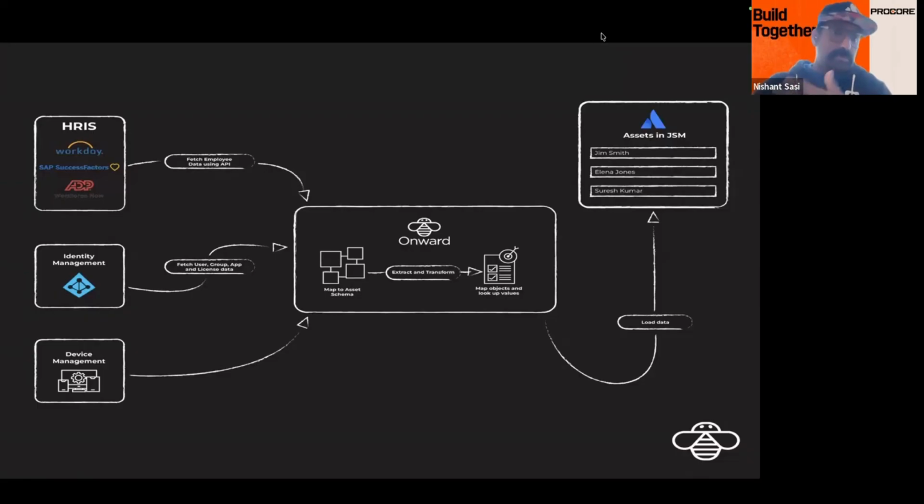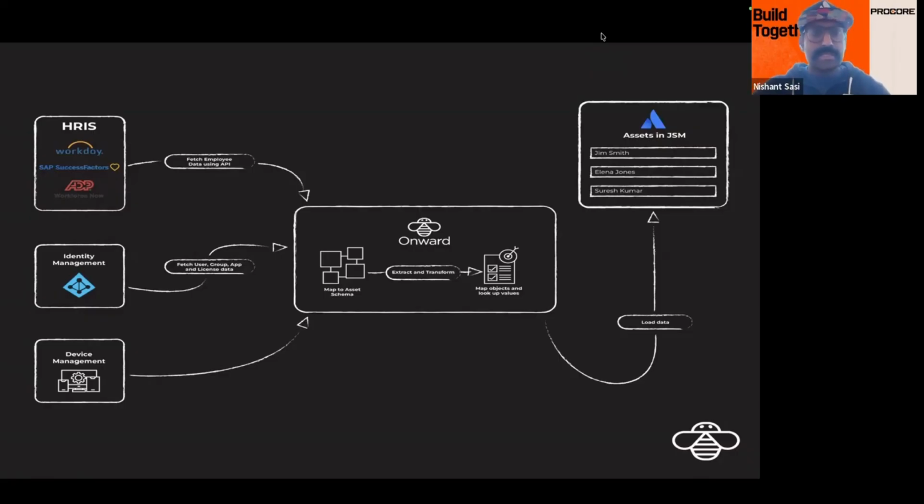And finally, a tool like Onward will be loading the cleanest data set into Assets. At this point in time, Assets as a whole becomes a central operational graph used by Jira Service Management. So that's the consumers, right? The consumers are the users via Jira Service Management.